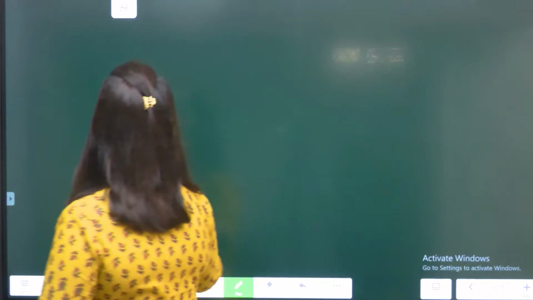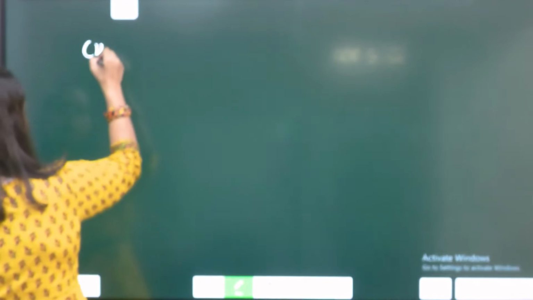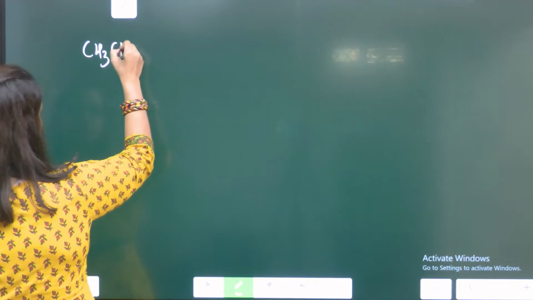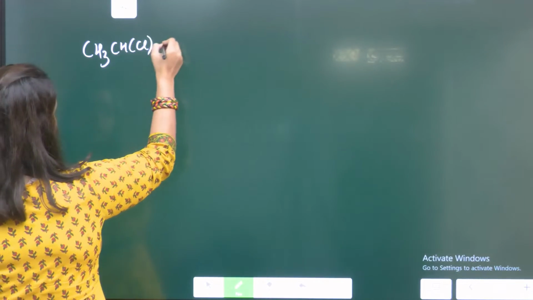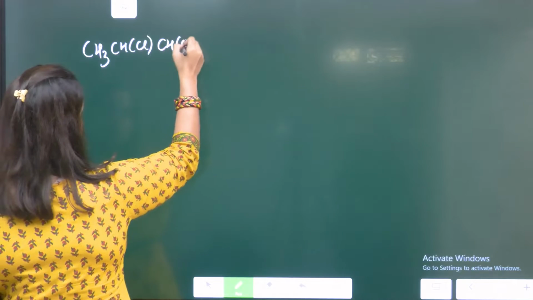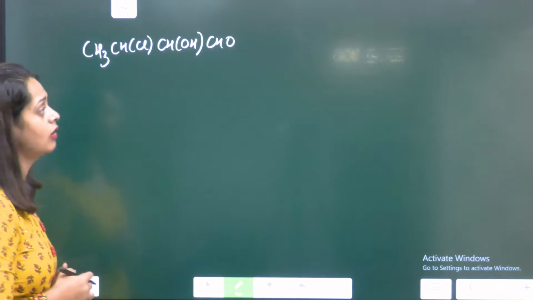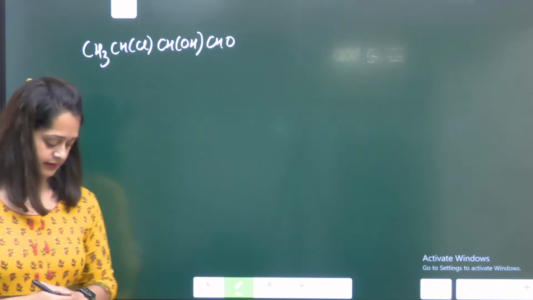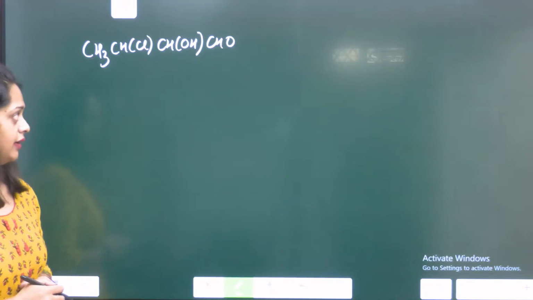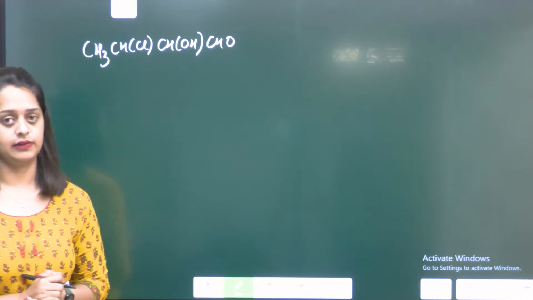So let's say I have different types of functional group. CH3, CHCl, CHOH, CHO. How will I draw the bond line structure for this?